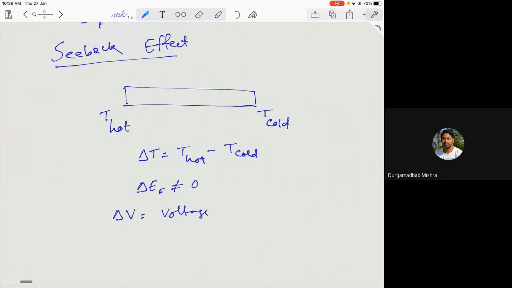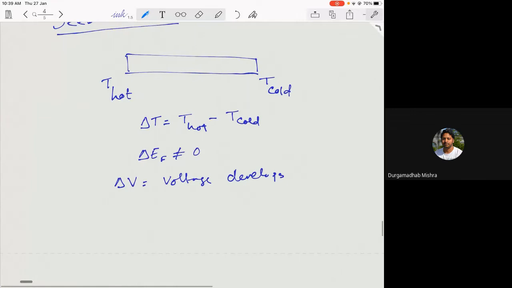That will lead to a voltage developing, or a voltage difference arising between your hot and cold end, and you can define this effect by a coefficient S, which is known as your Seebeck coefficient, given by dV by dT.